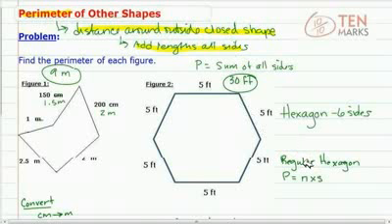For a regular polygon of n equal sides, the perimeter is n times S, where S is the side. And also remember to name the unit of length used to measure your figure or shape.